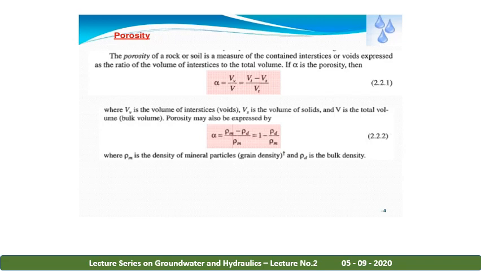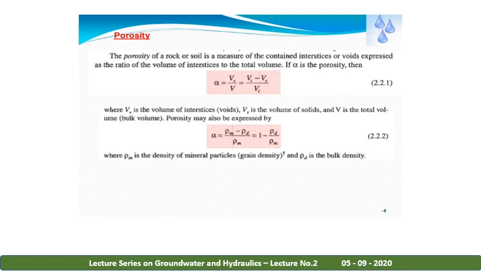If alpha is the porosity, then alpha equals VV divided by V, where V is the total volume, equals volume of voids plus volume of solids.